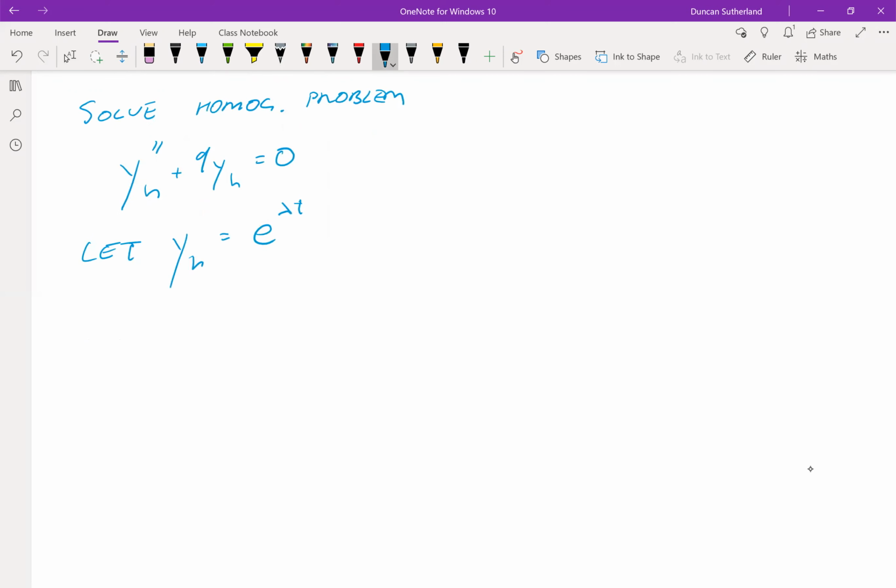So we sub this in there, and we obtain the characteristic equation, or the auxiliary equation. Lambda is obviously plus or minus 3i.